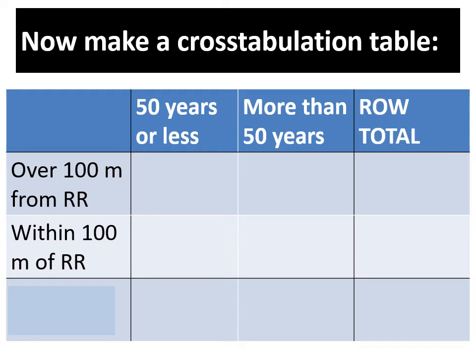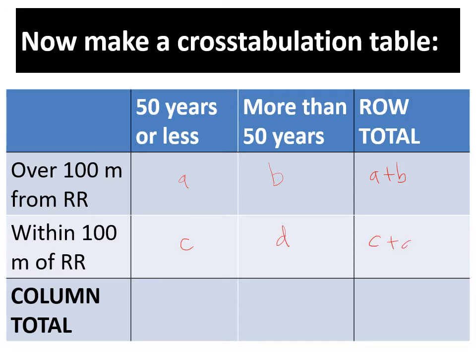Over here, we have what's called the row total. The thing to remember is if we think of this cell as A and that is B, then our row total should be A plus B. And if we think of this as C and this as D, then our row total over here should be C plus D. And remember, rows go across.